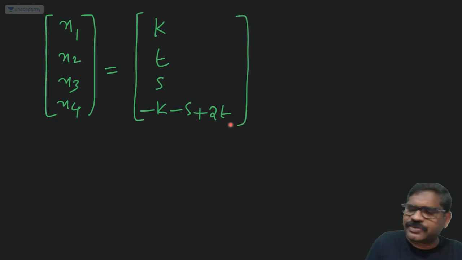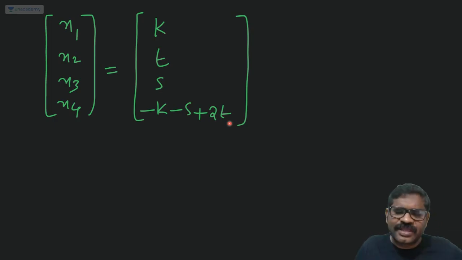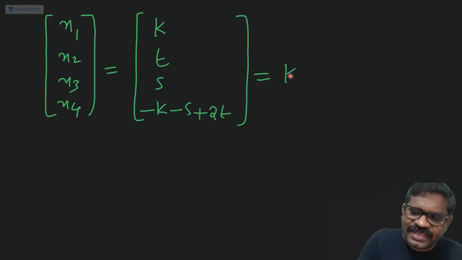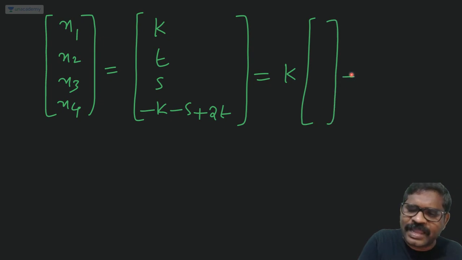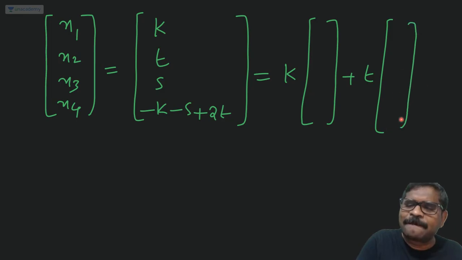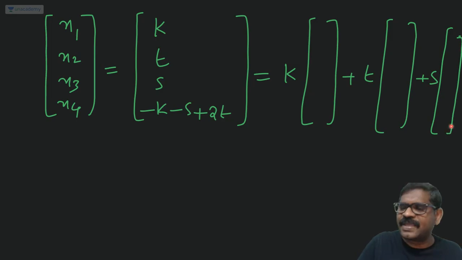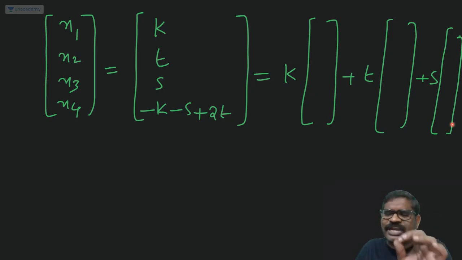One minute, observe. I am going to write this solution vector in the form of k into one column vector plus t into one column vector plus s into one column vector. Just simply write the coefficients of k, coefficients of t, coefficients of s.